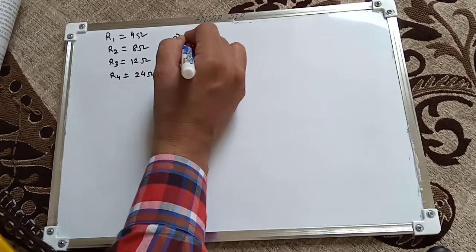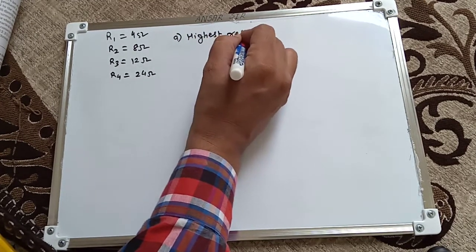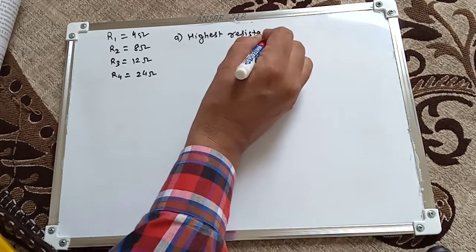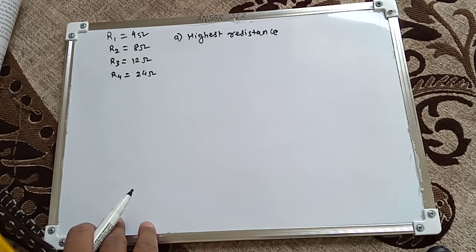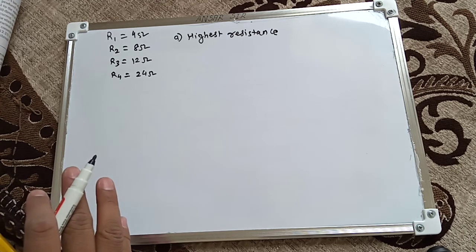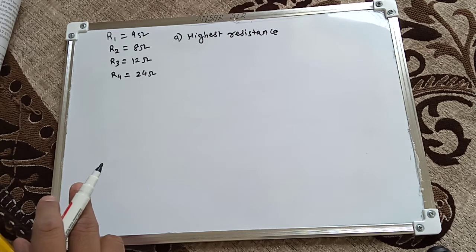And question number A says, how will you get highest resistance? So if we want to get highest resistance, we know that if resistors are connected in series, the value is added directly, and if we add the values directly, all the values will be added and we will get maximum resistance.